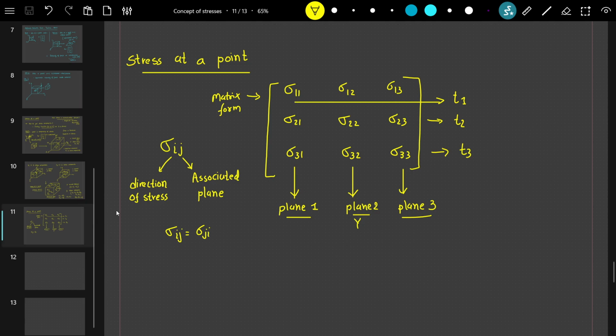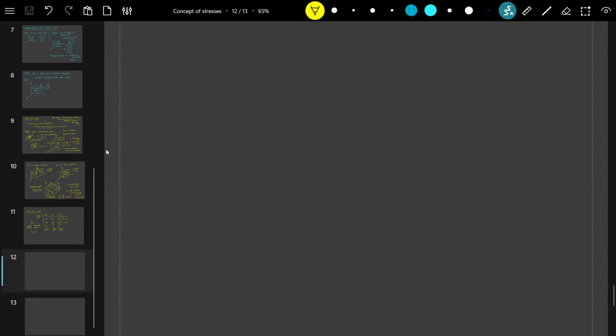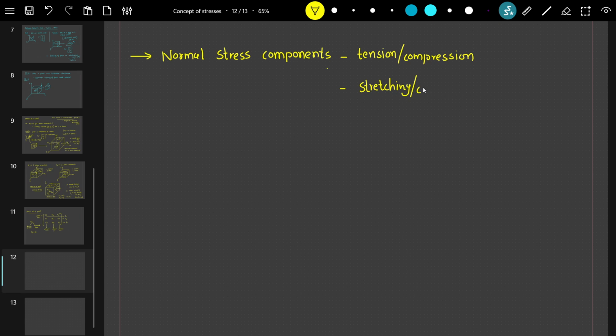Let's understand the normal stress components and shear stress components, a very quick introduction. The normal stress components result in tension or compression, that is, stretching or compression.